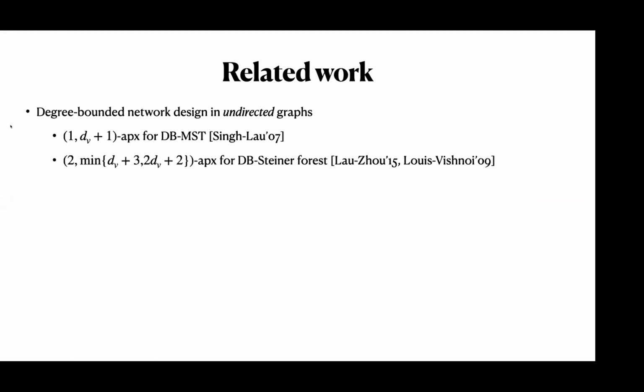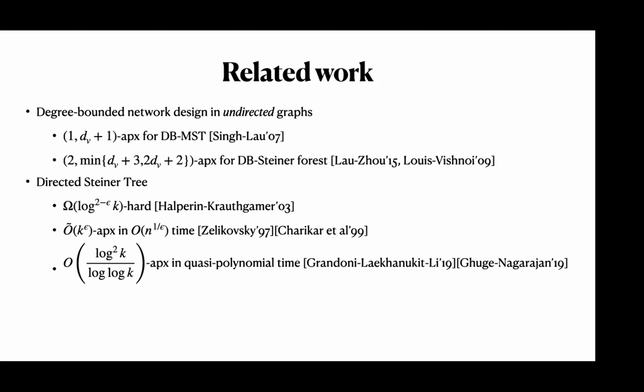Here, the first number in this tuple is the approximation ratio on the cost, and the second number is the violation of the degree bound. Both of these results are obtained via iterative rounding, and the ratios on both factors are almost optimal. However, in the directed case, the problem is significantly harder.